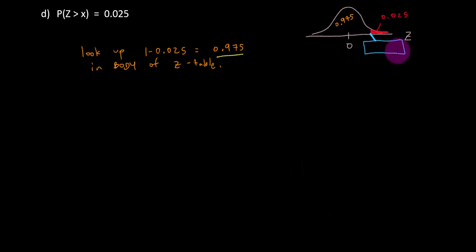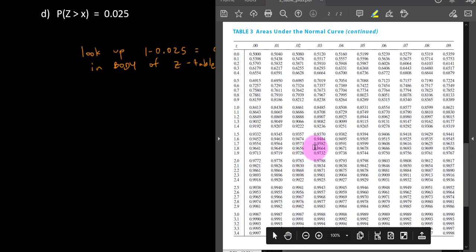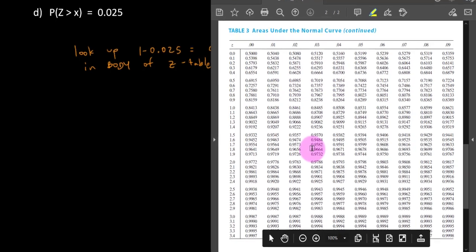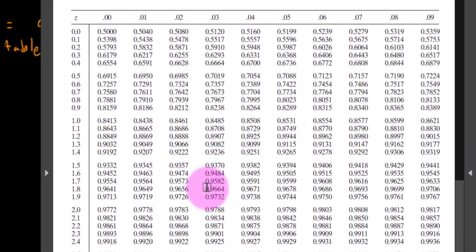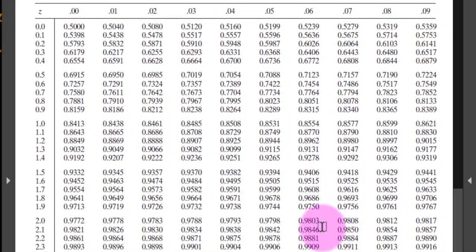We'll go to the positive side to find our solution. Okay, I'm on the positive side, and I want to find 0.975. I believe I have identified it on the dot.